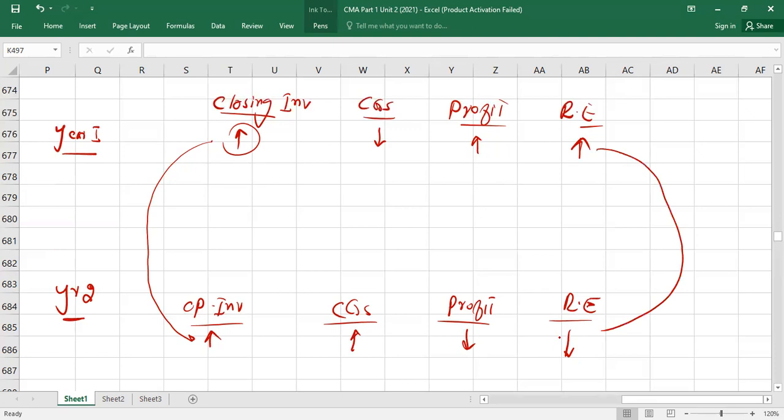Over the 2 years, retained earning will not be affected. Because with the same value, it was overstated in the first year, and with the same value, it is going to be understated in the next year. So one time you added, and one time you deducted the same value. So it means over the 2 years, retained earning is going to be what?